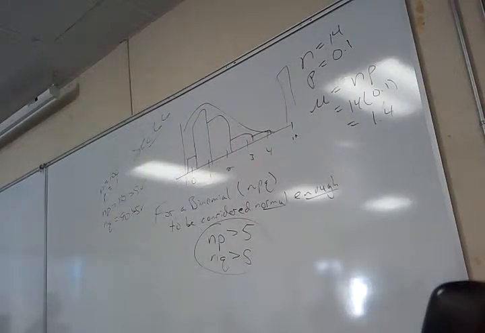It's trying to make it a better estimate of the right answer. So I don't have continuous data here. I have 4, I have 5, I have 6. But how do I make it continuous? How do I slam them together? I say there is no 6. There's a situation where it goes from 5.5 to 6.5. And 5 goes from 4.5 to 5.5. So is there any gaps now?